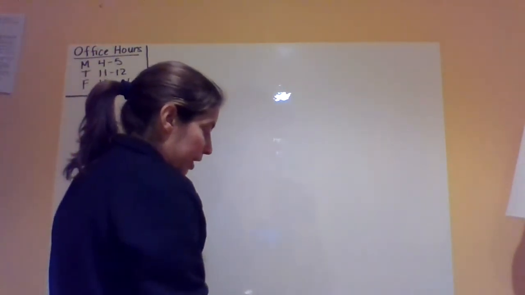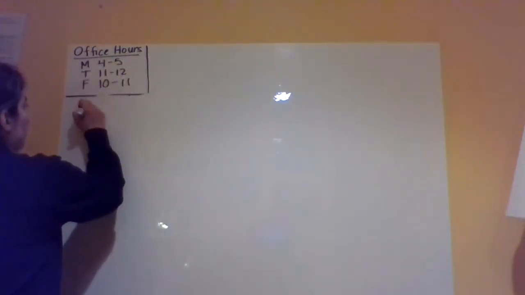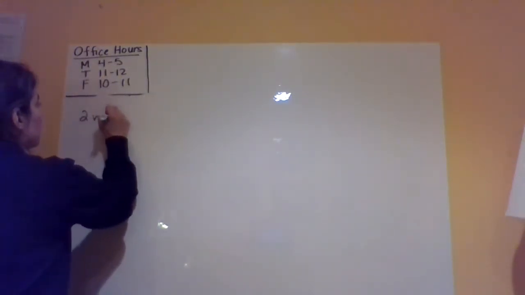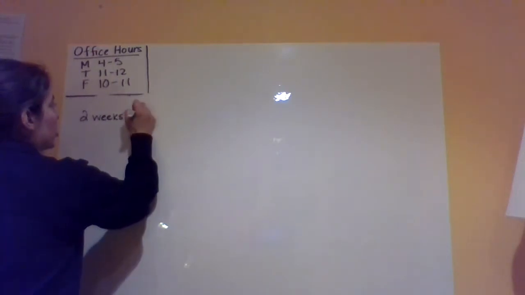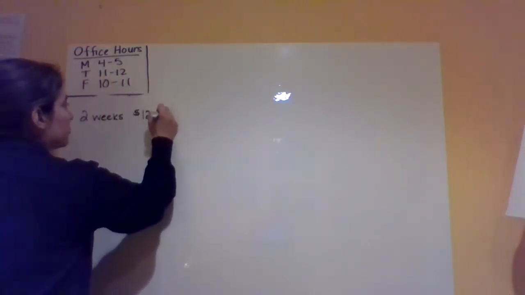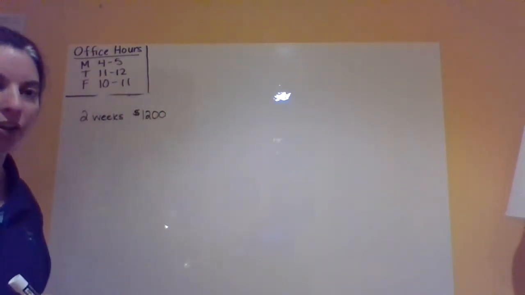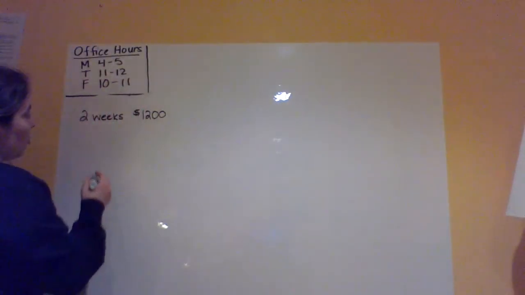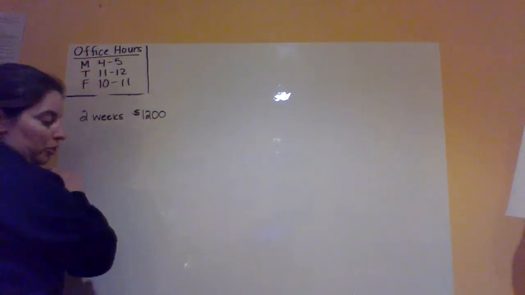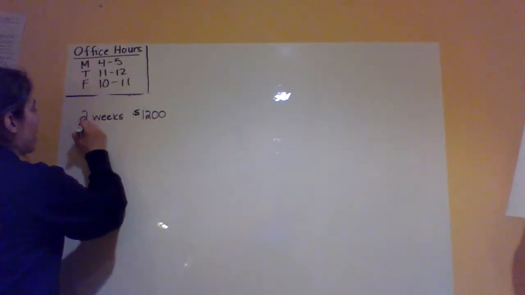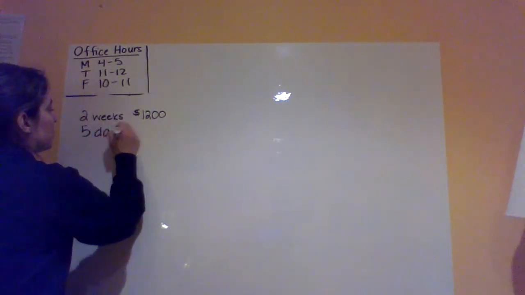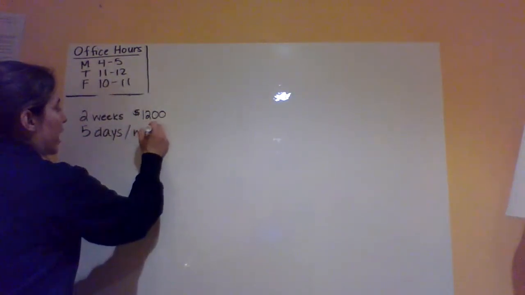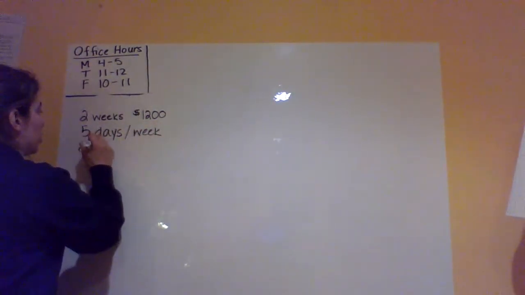the problem is your paycheck for 2 weeks comes out to $1,200. Okay, so you get $1,200 for 2 weeks of pay. We work, or you work, this person works, 5 days per week, and they work 8 hours per day.